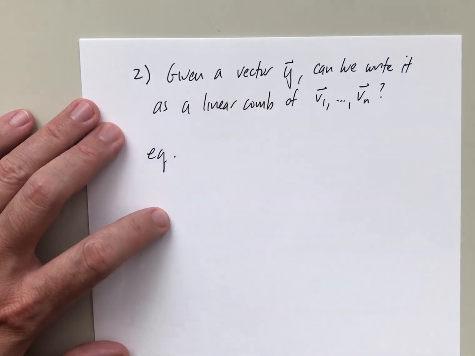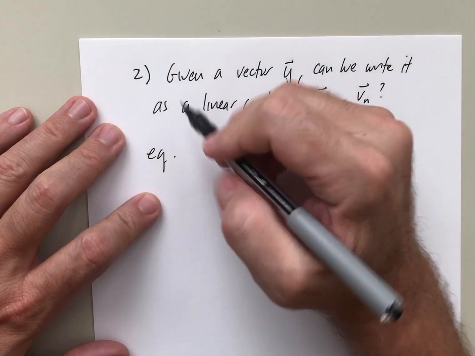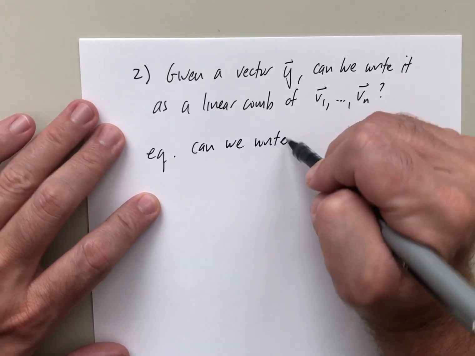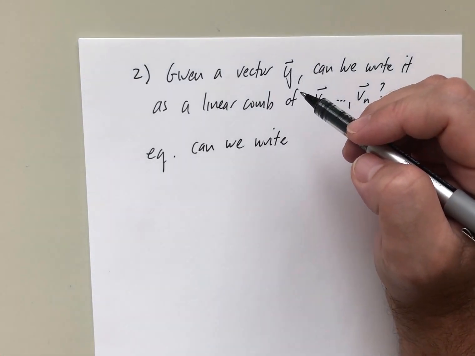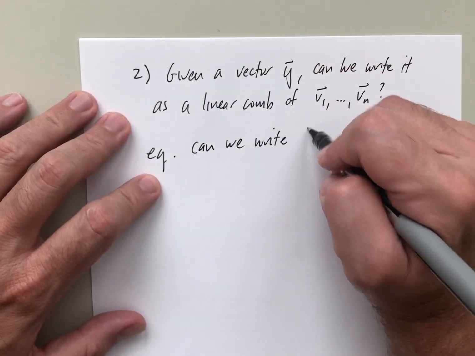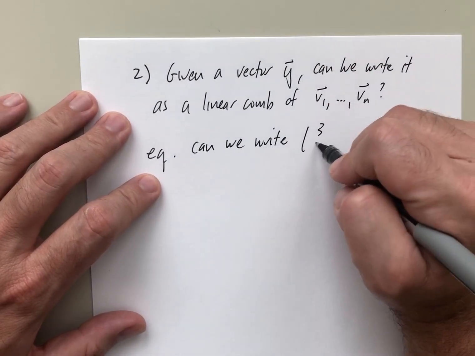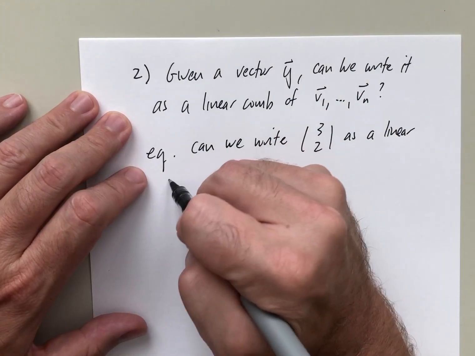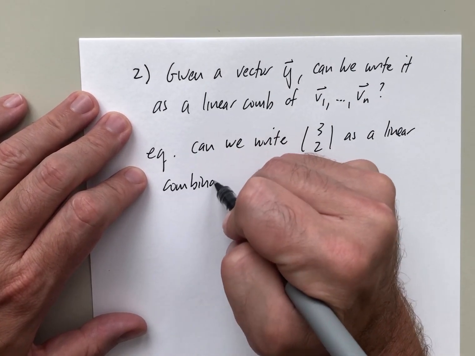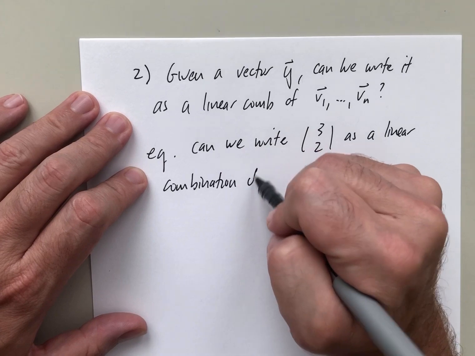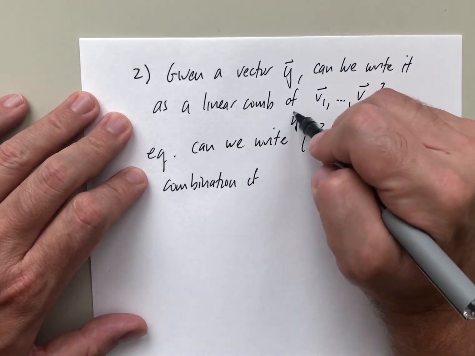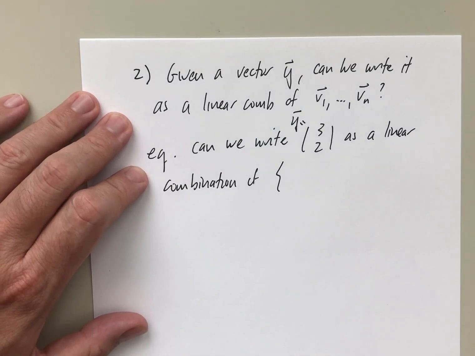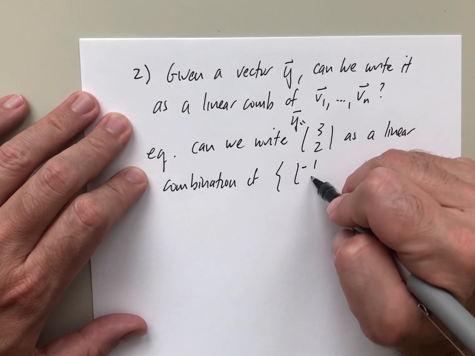Maybe something to leave you with: can we write the vector, let's say, (3, 2), call this y, as a linear combination of the vectors v1 and v2, which were these guys?